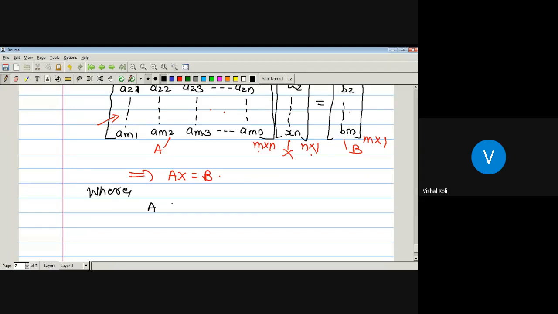A is known as the coefficient matrix, since all the entries in our matrix A are the coefficients of our n unknowns, that is x1, x2 up to so on xn. So A is called a coefficient matrix.